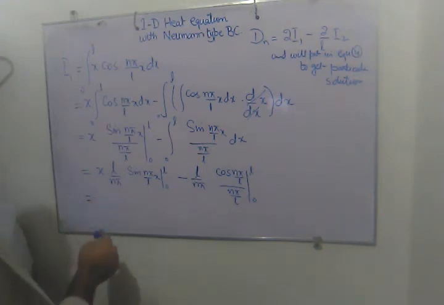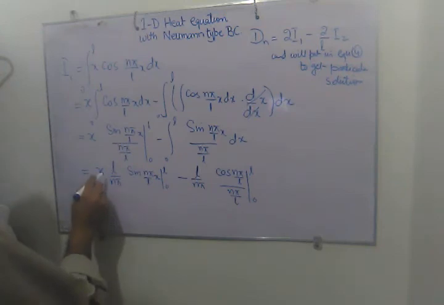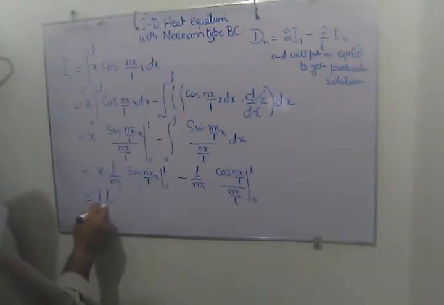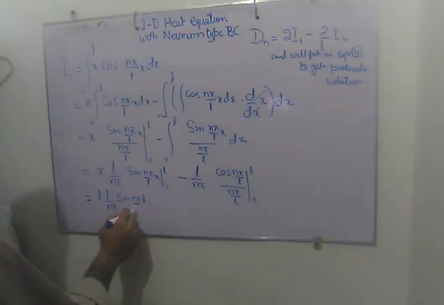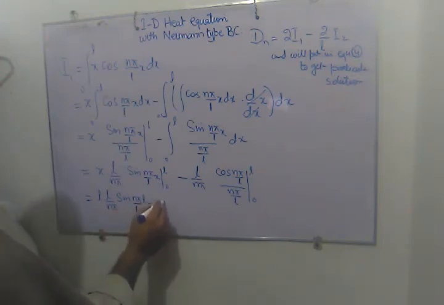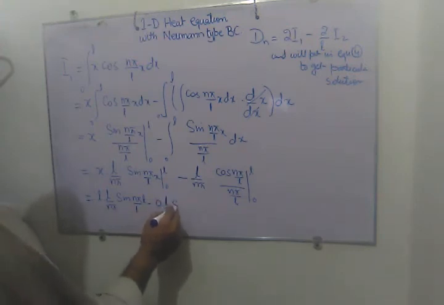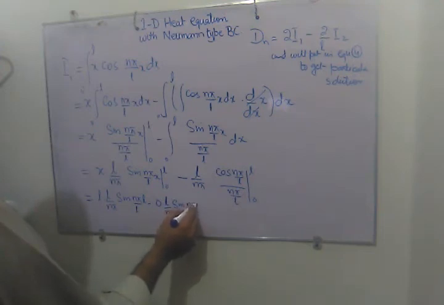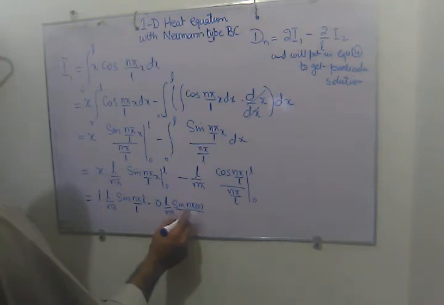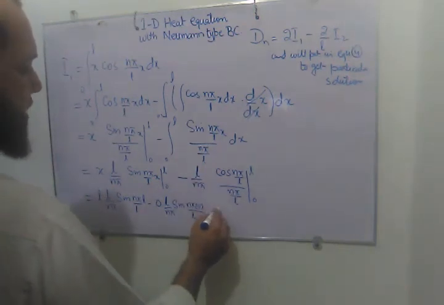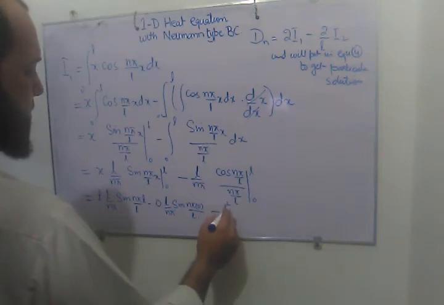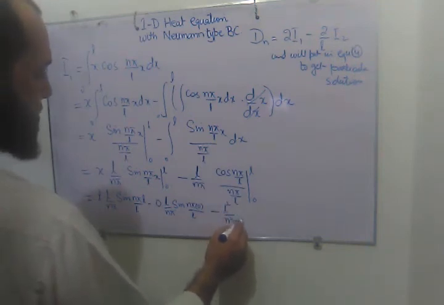Now when we apply the limit here, first the upper limit minus the lower limit, x will become L, and we have L upon n pi sine n pi L upon L, minus 0 into L upon n pi sine n pi into 0 over L. And here we have minus this constant term coming out of the limit, so it will become L square upon n square pi square.